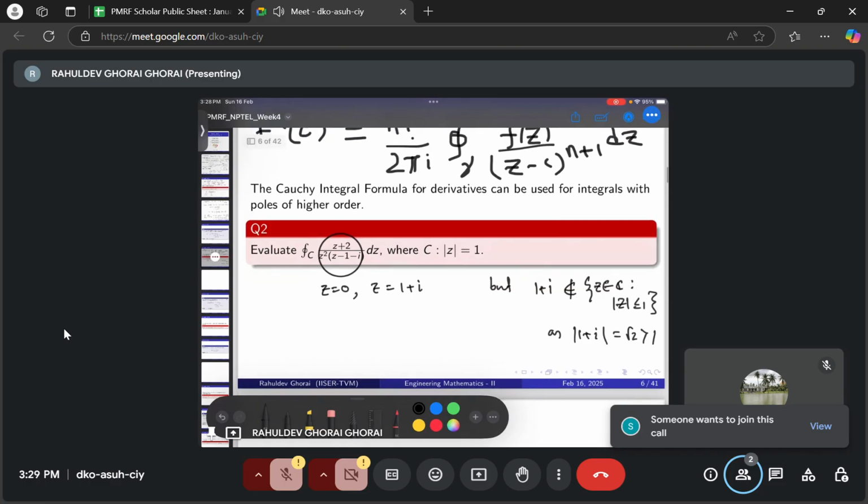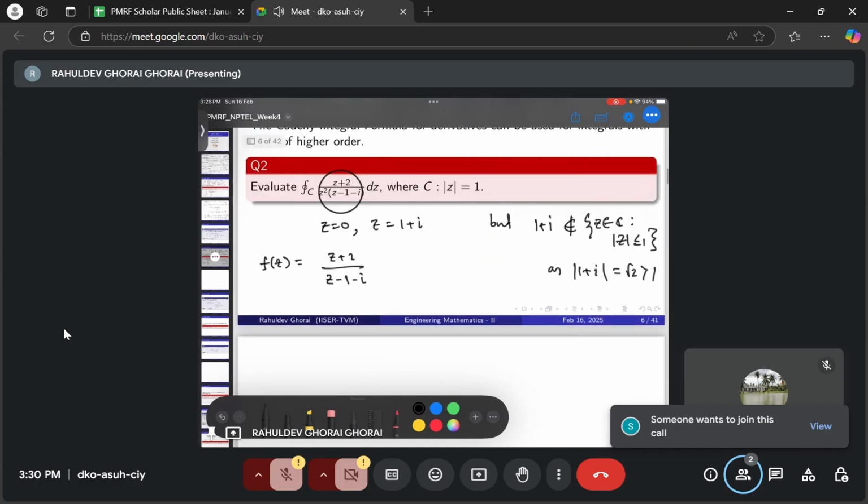So we take f(z) to be z plus 2 over z minus 1 minus i, right? Then f(z) is analytic on the set of z such that modulus z is less than or equal to 1. I am not including z square.